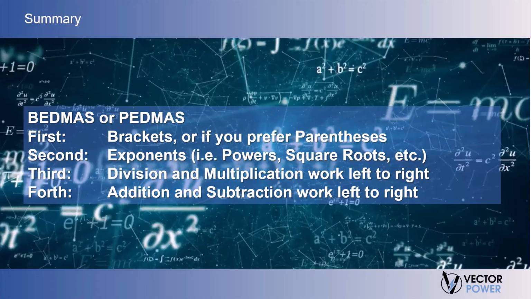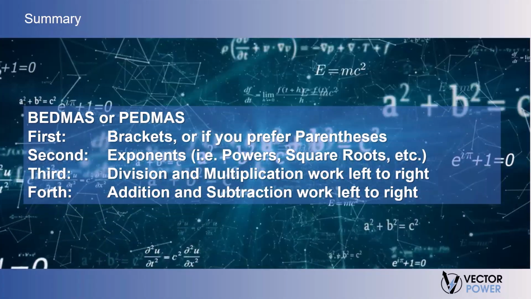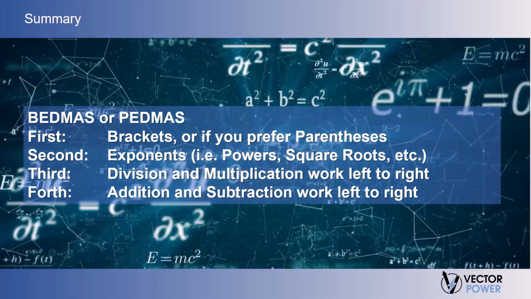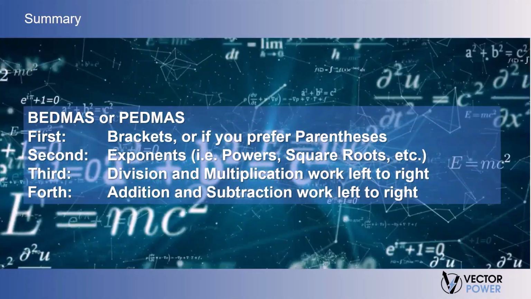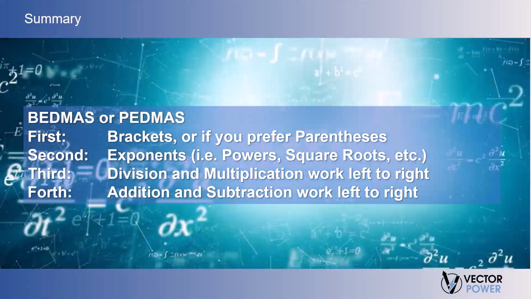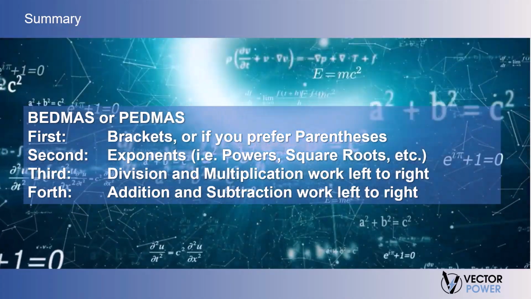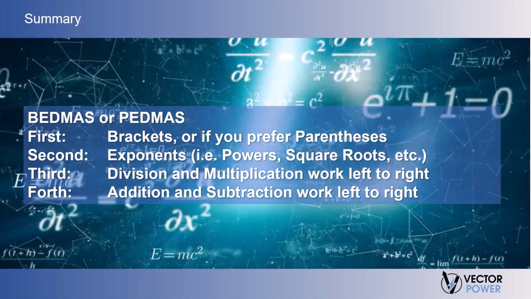First, we deal with brackets, or if you prefer, parentheses. Second, we deal with the exponents, powers, square roots, etc. Third, division and multiplication, always working left to right. And then fourth, we deal with the addition and subtraction, once again working from left to right.